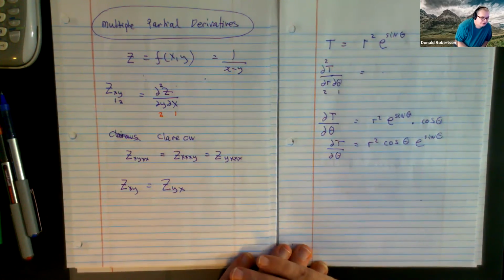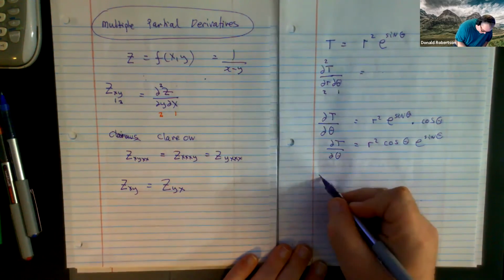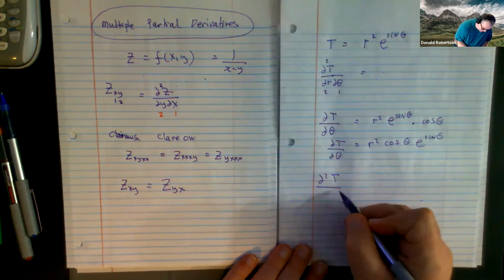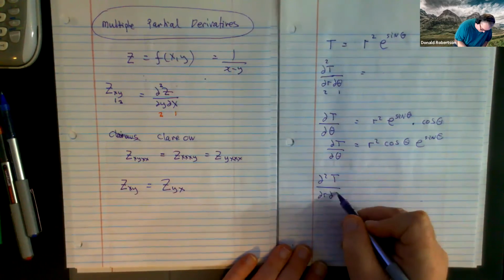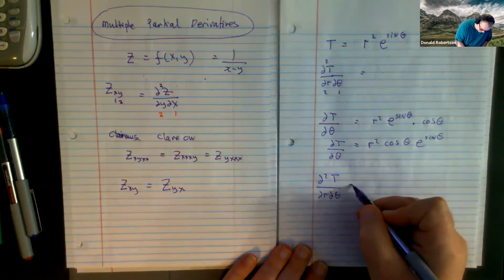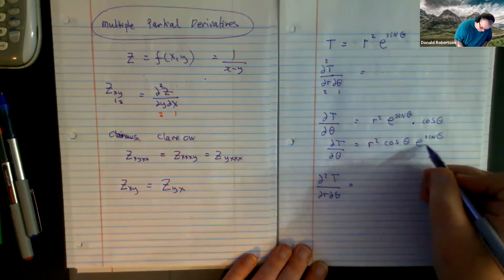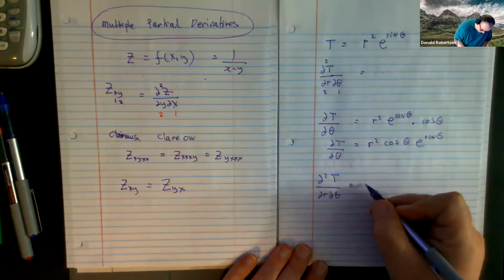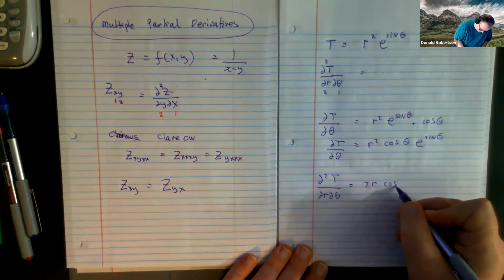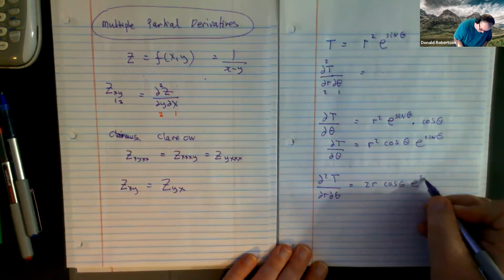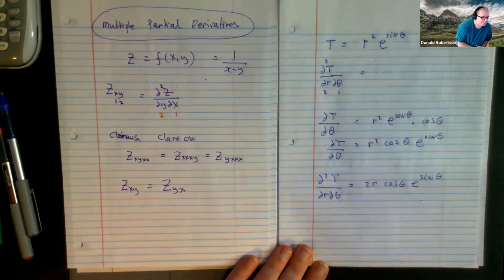So far, so good. Now I'm going to get the second derivative, which means I'm going to differentiate this with respect to r, which is a lot less work. Because basically all I need to do is differentiate the r squared.